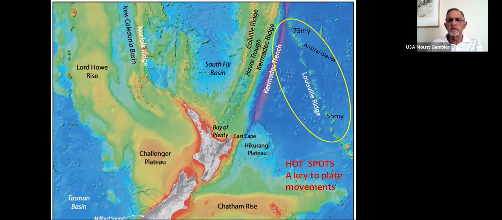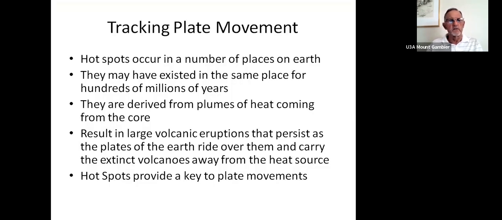In this case, clearly the line of volcanoes suggests a plate movement which is only a bit west of north. Whereas if one looks at the entire Pacific, you can track the hotspots, and they'll give us a good idea of the plate movement. They occur at a number of places on Earth, probably 20 or so, and they may have existed in the same place for hundreds of millions of years.